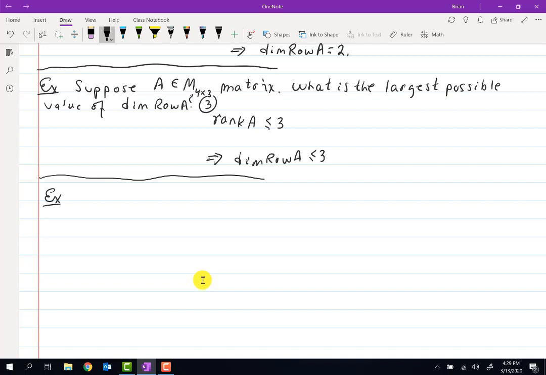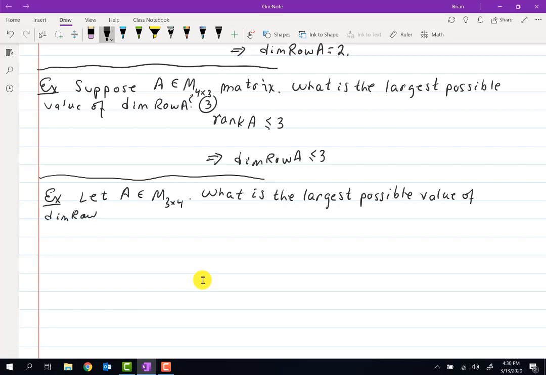All right, this time let A be a 3 by 4 matrix. What is the largest possible value of dim row A?